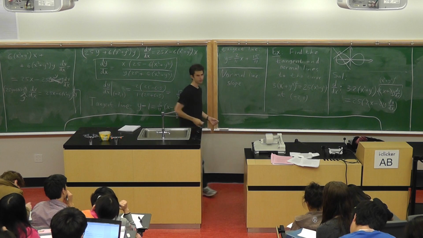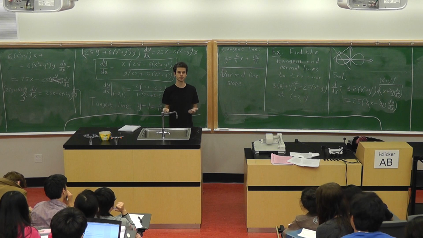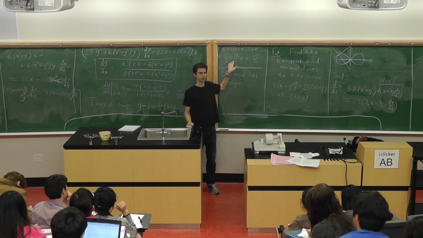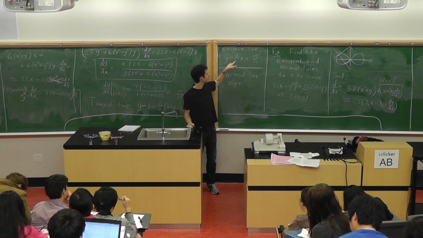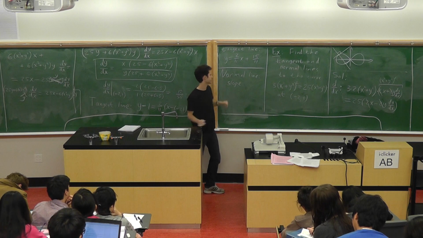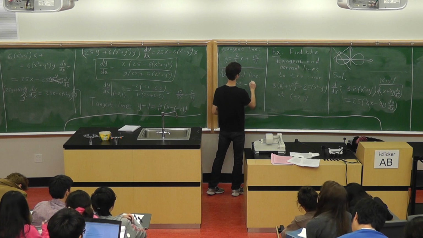We know when two lines are perpendicular to each other, the product of the slopes is negative 1. So to find the slope of the perpendicular line, I should just take this number, invert it, and take the minus sign. So it's minus 11 over 2.